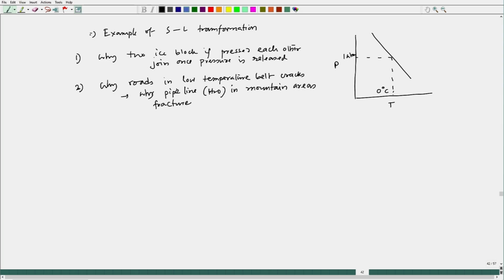So, these two questions we will try to see.